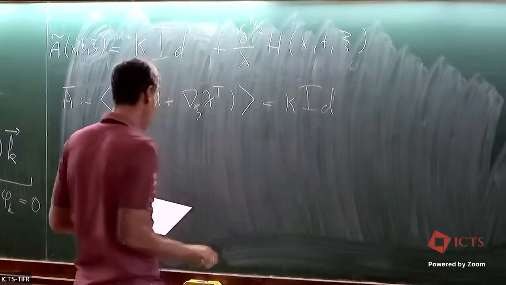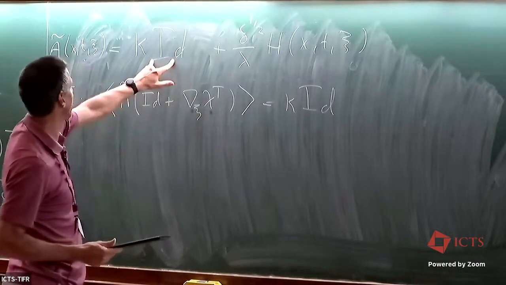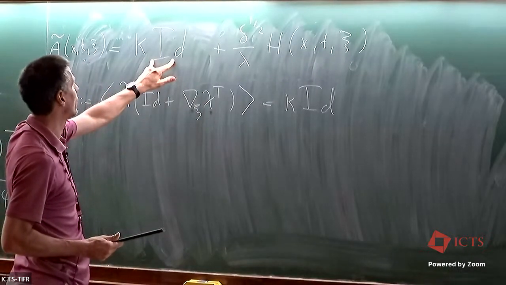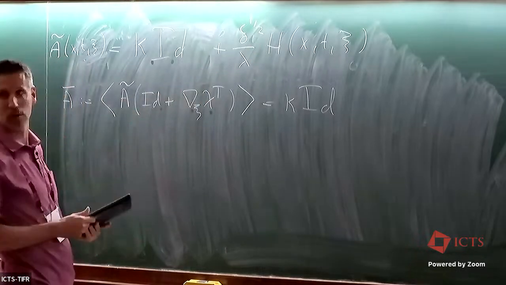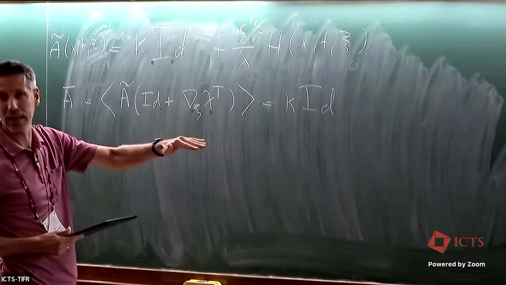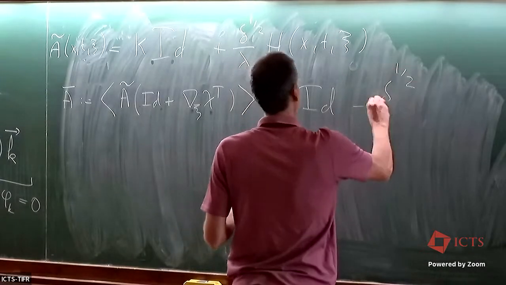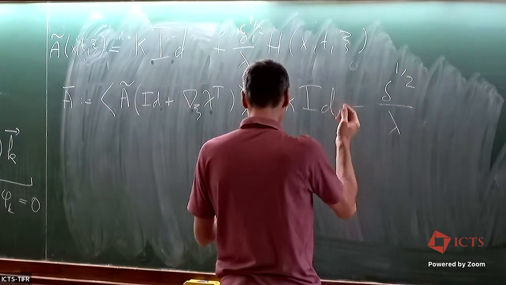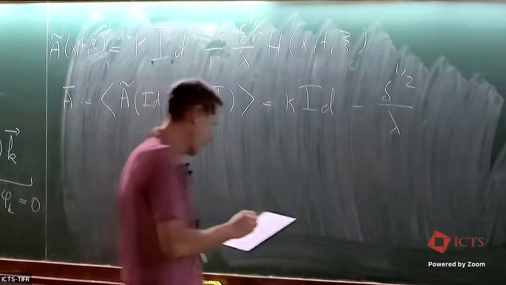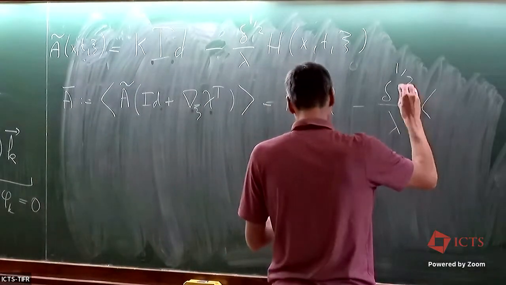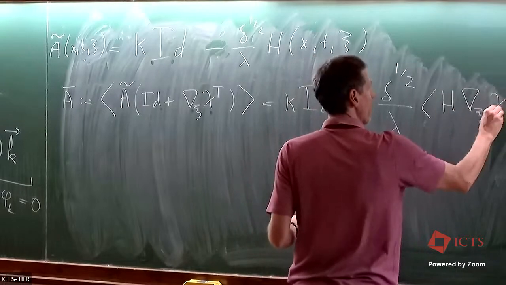You have kappa times identity, and then of course this one times identity doesn't give you anything in the average. So the only other term that will give you something in the average is a fast times fast. Slow times slow gives you something non-trivial in the average, and the fast times fast. And that one here is this 1/2, with a minus I think, it's this h times the gradient of chi.